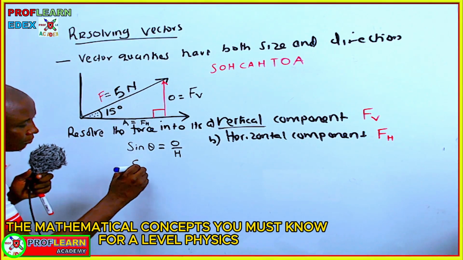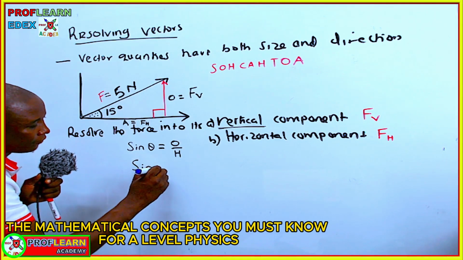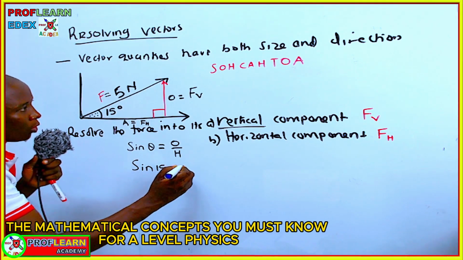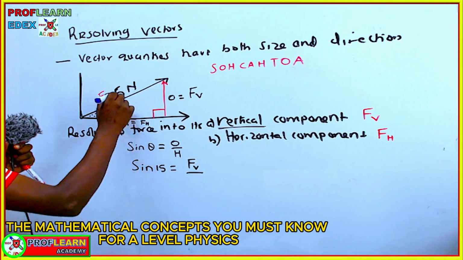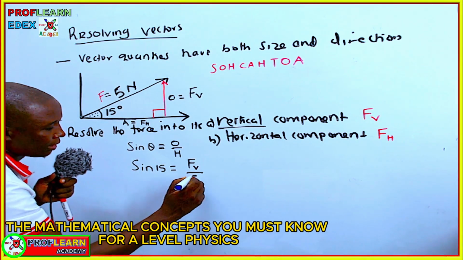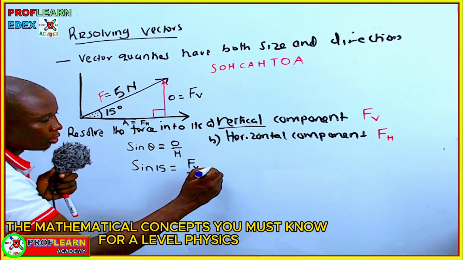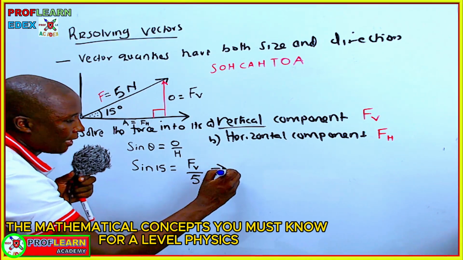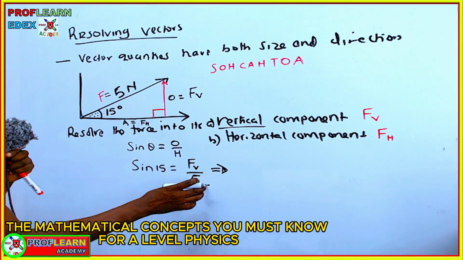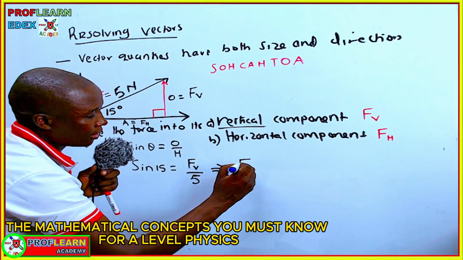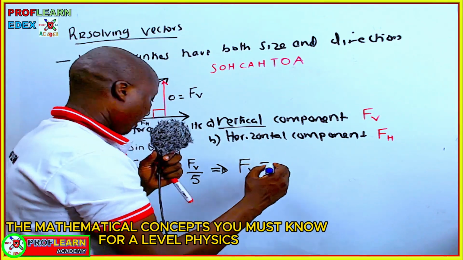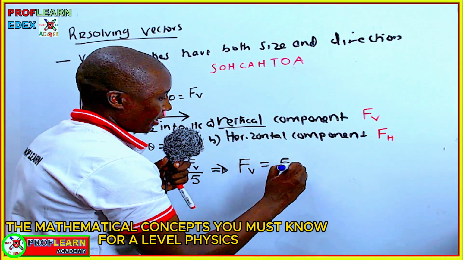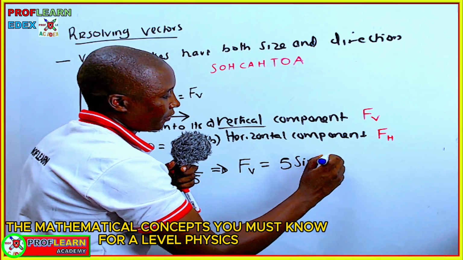So sine 15 is equivalent to opposite, which is the force in the vertical direction, over hypotenuse, which is the 5 newtons that we are having at that point. Which implies that, of course, rearranging this, the force in the vertical direction is 5 sine 15.